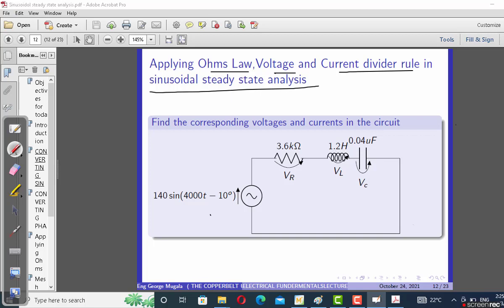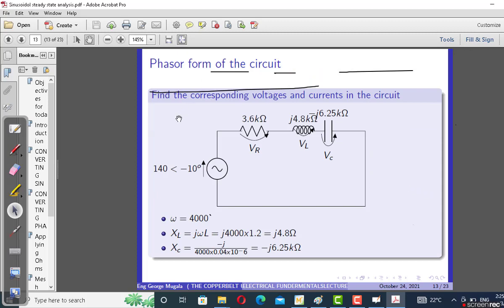Now, real quickly, guys, let me walk you through the next portion, because the calculations were already done. Now what I've done is exactly what I told you. We are converting to the phasor form of the circuit, or the complex form, where we know our supply voltage and our frequency.